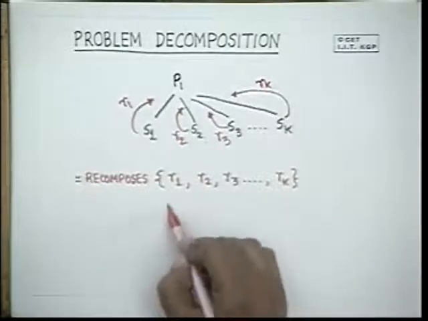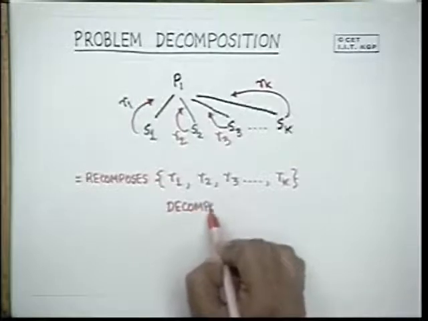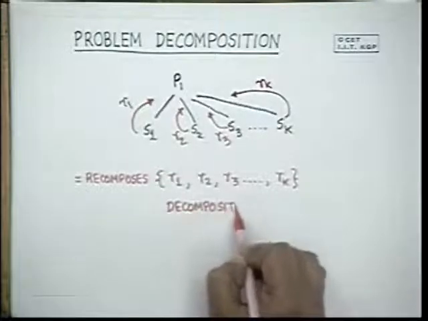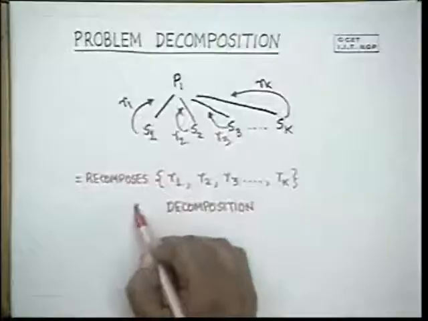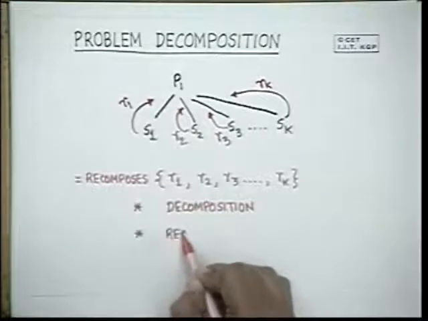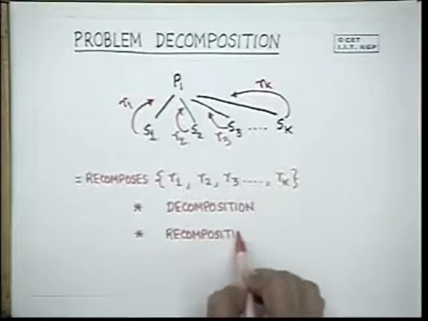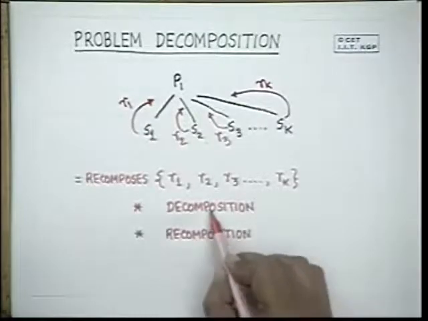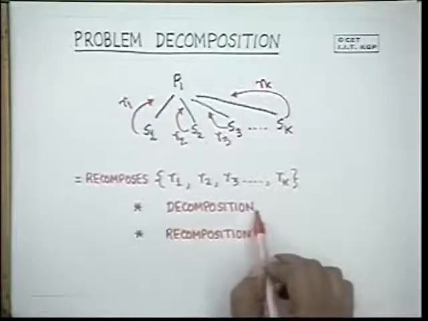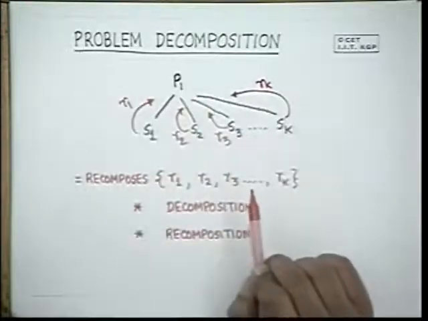One is the phase of decomposition of a problem into simpler sub-problems, and second is recomposition of the solutions of the simpler sub-problems to obtain the solution to the original problem.